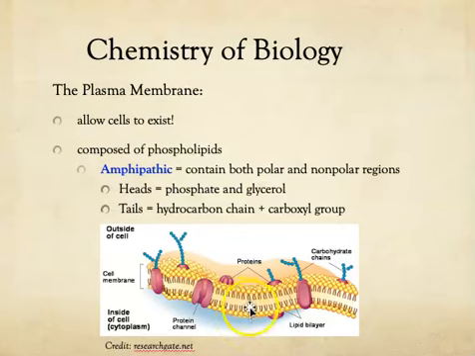They are drawn into this particular shape, this particular orientation, because of their chemistry. Because the heads want to be towards the water outside and the water inside, and the tails want to be away from the water.